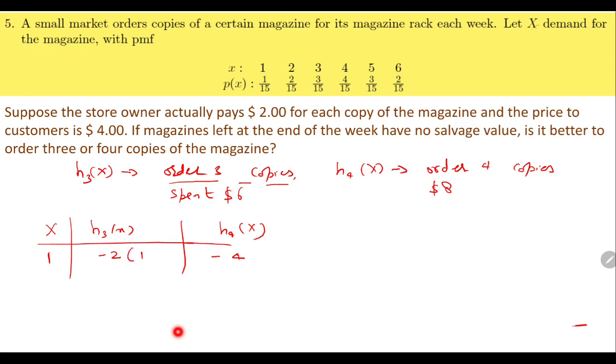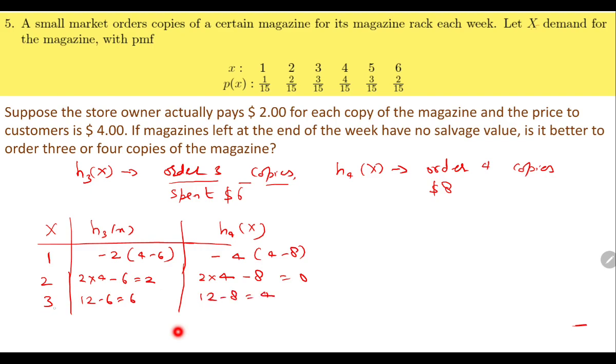Which is 4 minus 6. When there is a demand of 2 copies, 2 times 4 minus 6 is 2. And here, 2 times 4 minus 8 is 0. When 3 copies are in demand, it is 12 minus 6, which is 6, and it is 12 minus 8, which is 4.